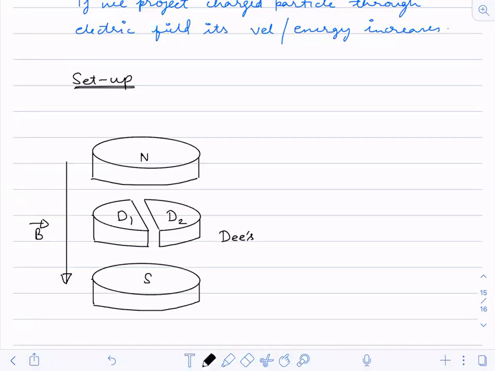Now, I'm trying to show you how this D would look. It would be like a circle, not a complete circle, somewhat like this.